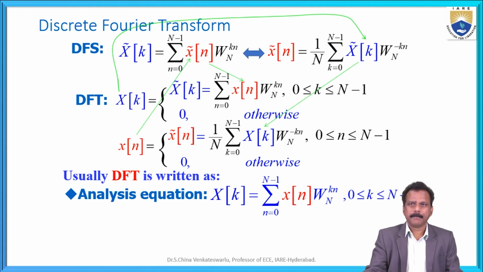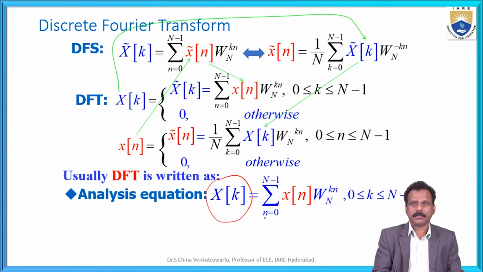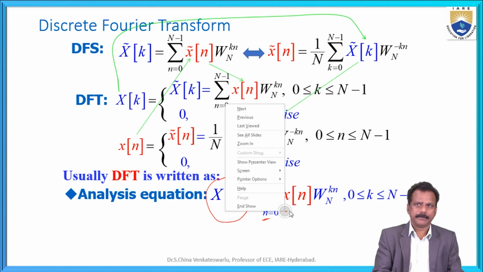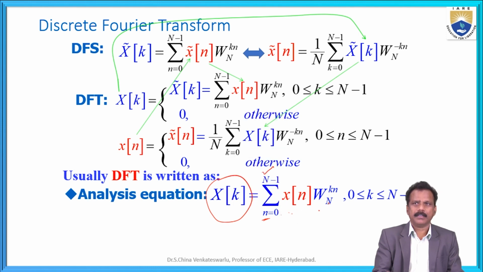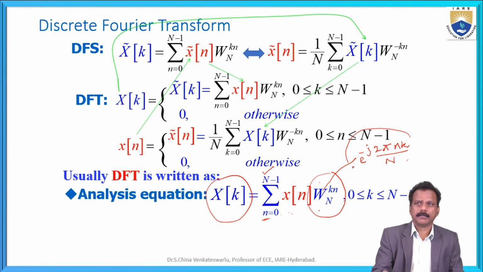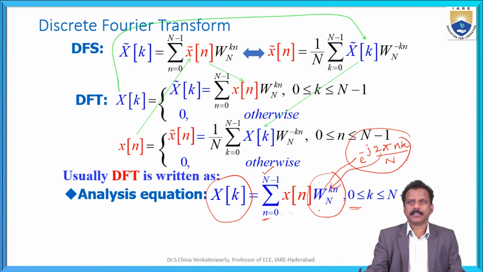It is x of k equal to the summation n equal to 0 to capital N minus 1, x of n into the twiddle factor W N nk, where the twiddle factor is e power minus j 2 pi nk by capital N. The interval is 0 less than or equal to k less than or equal to N minus 1.